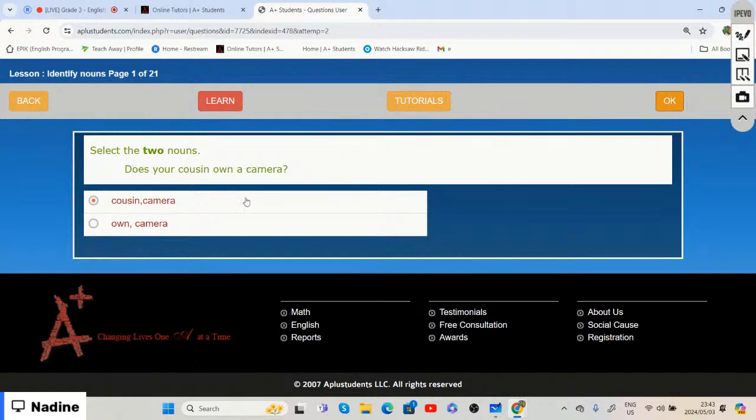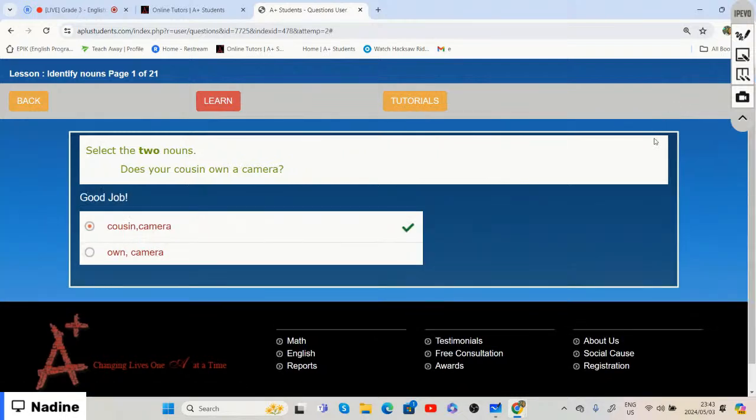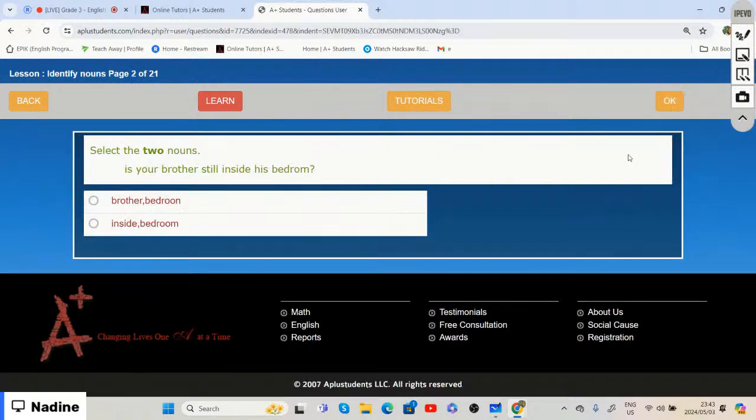So we need to select two nouns. Yes, we said camera and cousin. Is your brother still inside his bedroom? We need to select two words that are nouns within the sentence. Is it brother and bedroom, or is it inside and bedroom?